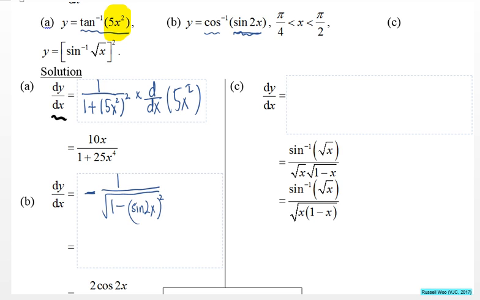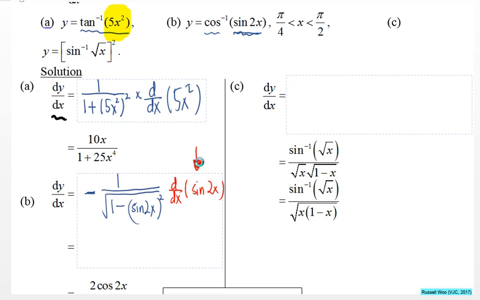But that's not all. Using chain rule, you must multiply by the differential of sine 2x. Don't forget this. Some of us may, in the haste of doing everything, forget this because this is already complicated enough. Yes? Differentiate sine 2x.